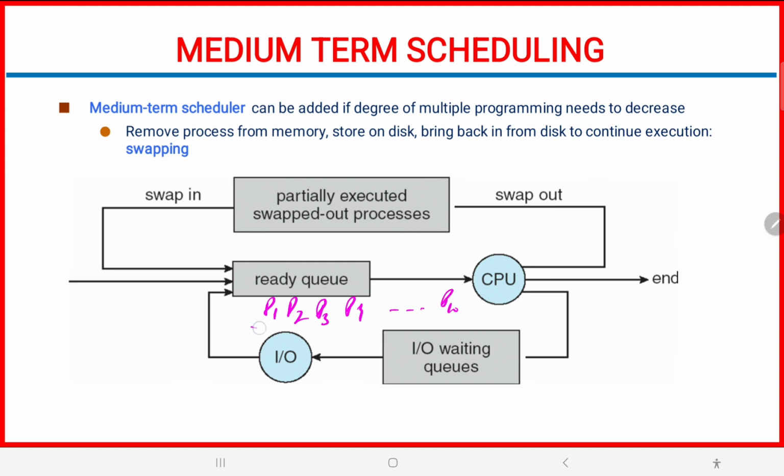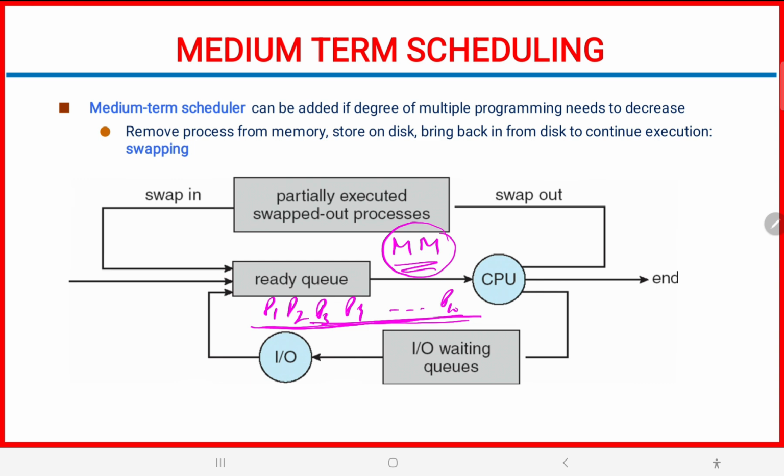Because the number of processes was large, I'm just assuming one number, it can be more than that also. Obviously these are the active processes in the main memory, which are consuming some main memory. But because the number of processes is large, maybe there is an issue with assigning memory to all of these processes during their execution.